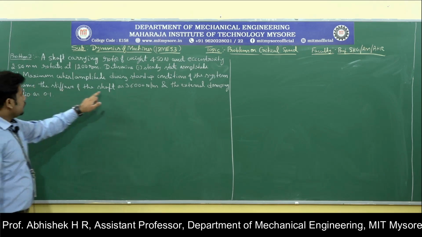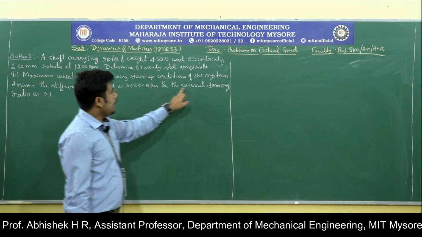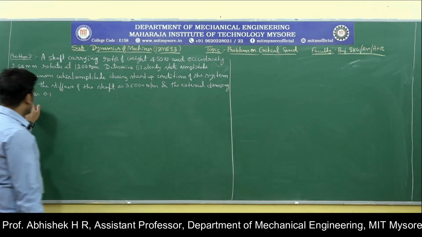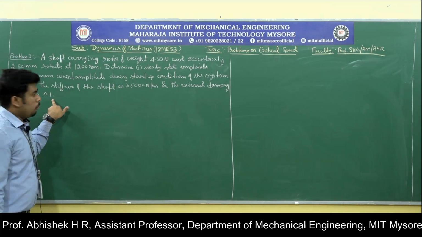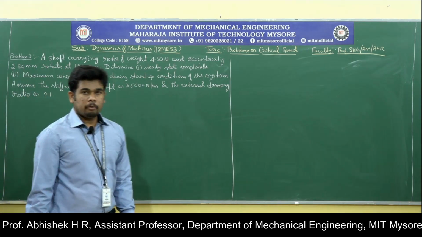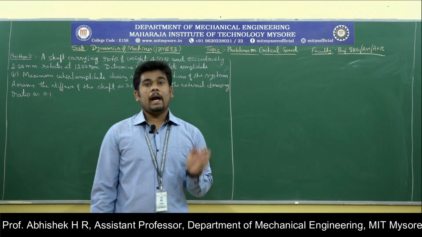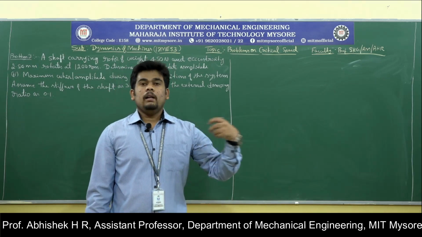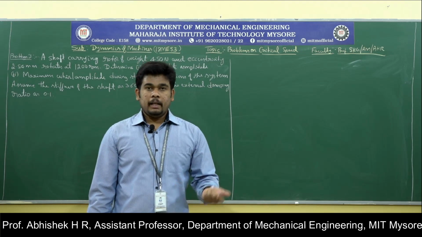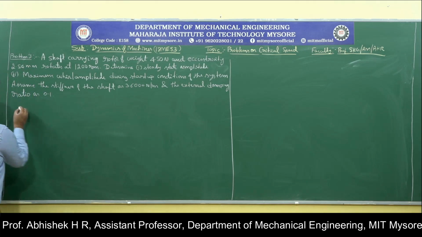Assume the stiffness of the shaft as 36,000 Newton per meter and the external damping ratio as 0.1. So here we have to find out the amplitude of steady state and the amplitude in operating condition.